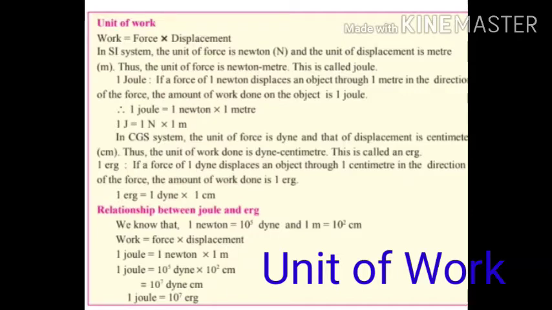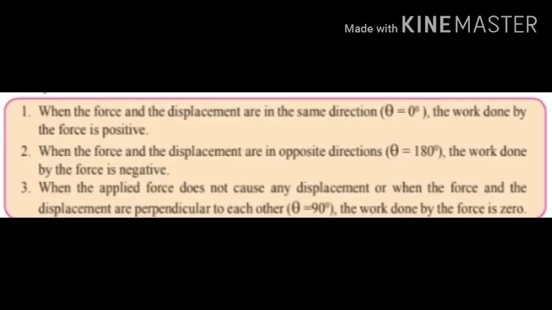Next point is positive, negative and zero work. In the last table, we will study these definitions. Number 1, when the force and the displacement are in the same direction, theta is equal to 0 degree, the work done by the force is positive.